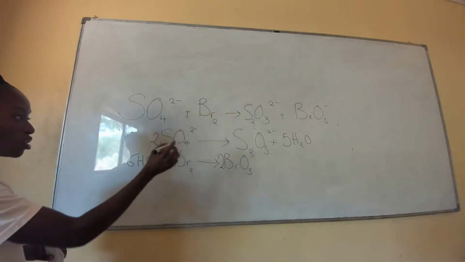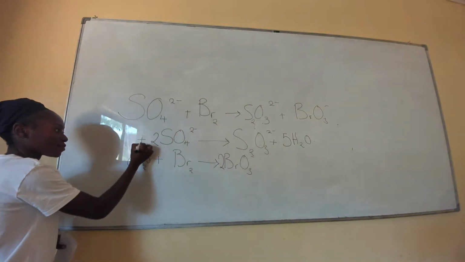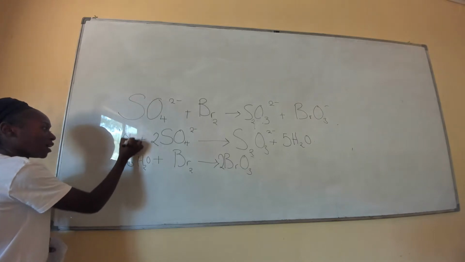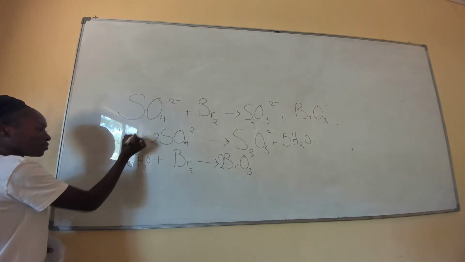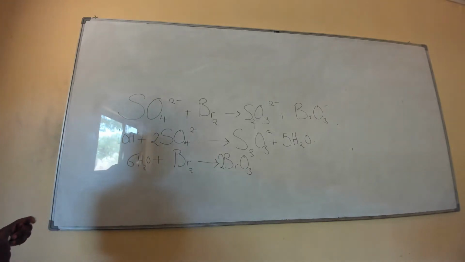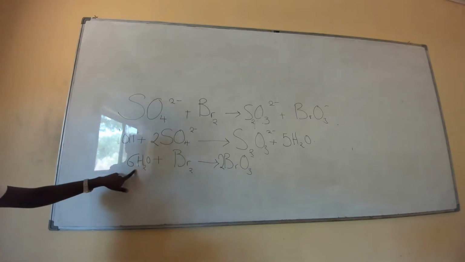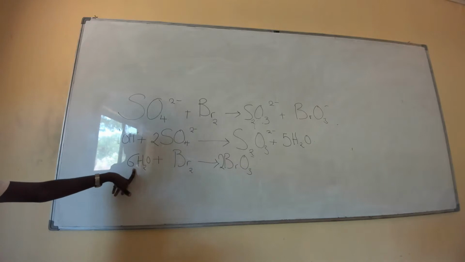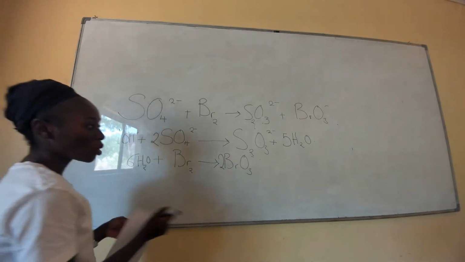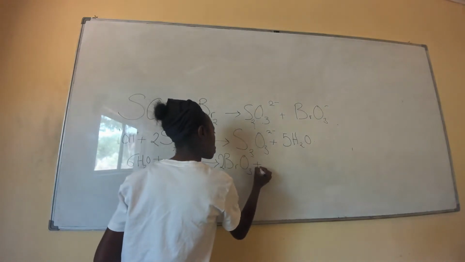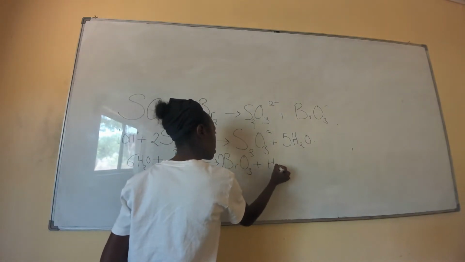So we introduce a plus 10 H at the left-hand side. Now at the bottom, we have 12 hydrogen atoms at our left-hand side coming from the water, so we equally introduce 12 hydrogen atoms at the right.